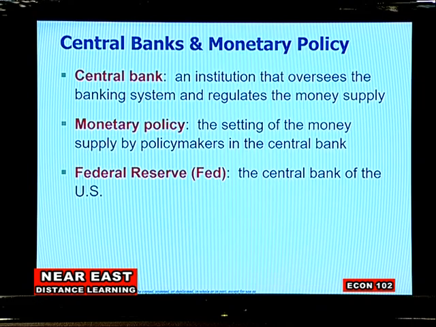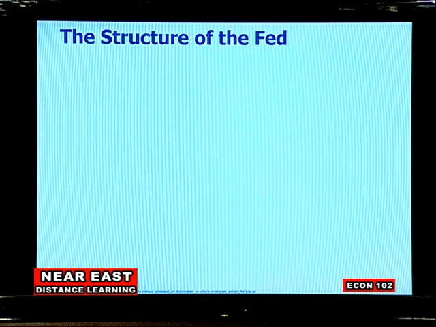The Federal Reserve, for instance, in the United States, is responsible for ensuring that the money supply is managed in such a way that the economy is protected from shocks. The central bank has some structures, with a board of governors, mostly seven governors, and some regional banks, and so on. Their main function is to conduct monetary policy to ensure that the economy is doing very well.